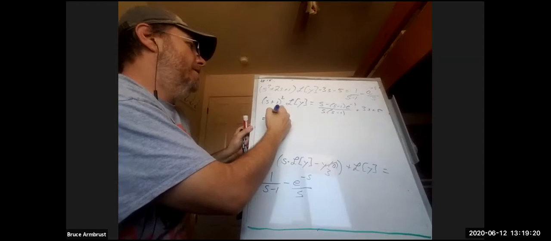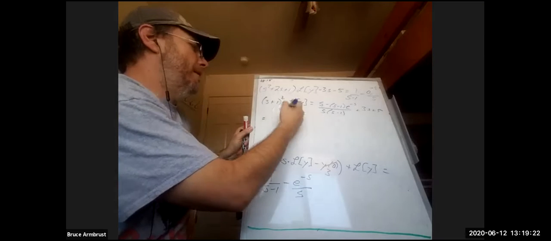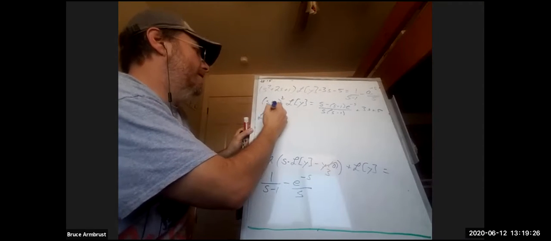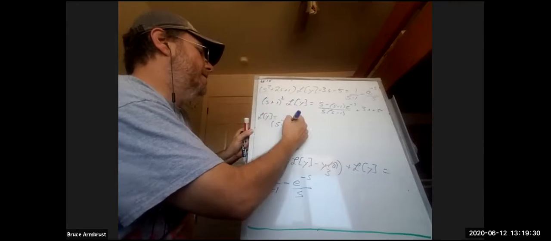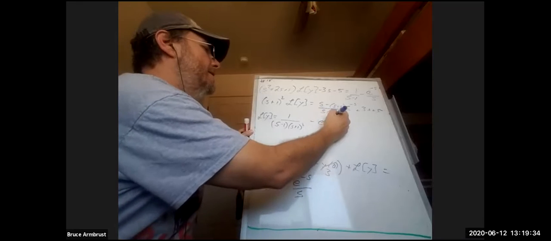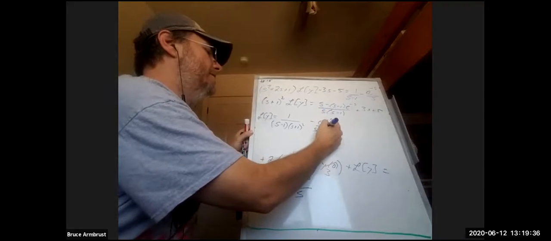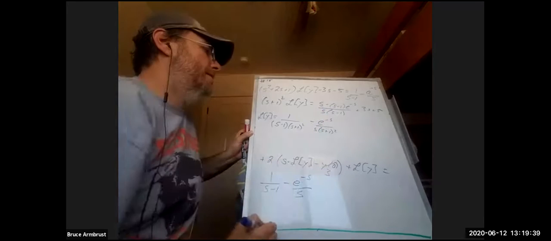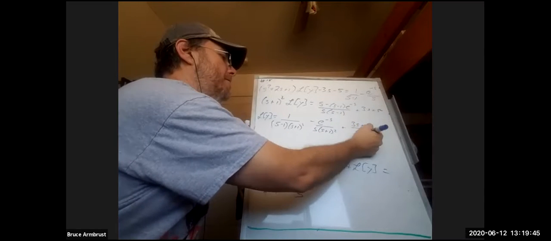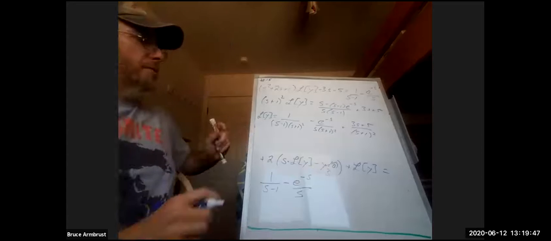So we end up with, I'm going to break it back apart. The Laplace transform of y is equal to 1 over s minus 1 times s plus 1 squared, minus e to the minus s over s times s plus 1 squared, plus 3s plus 5 over s plus 1 squared.